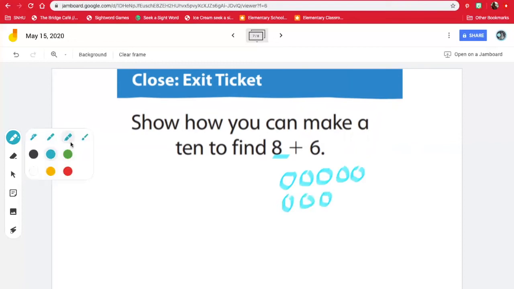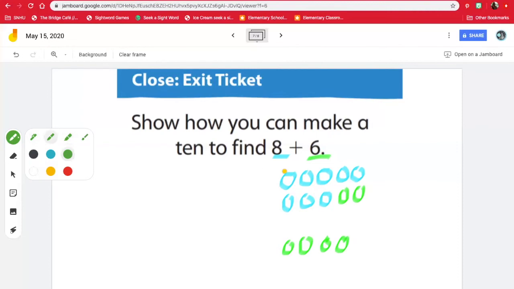So there's 8. Now I'm going to get my green and draw the rest. So 1, 2, I have 10 up top. 3, 4, 5, 6.